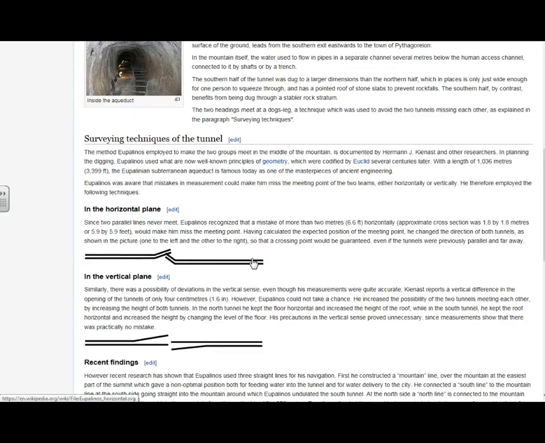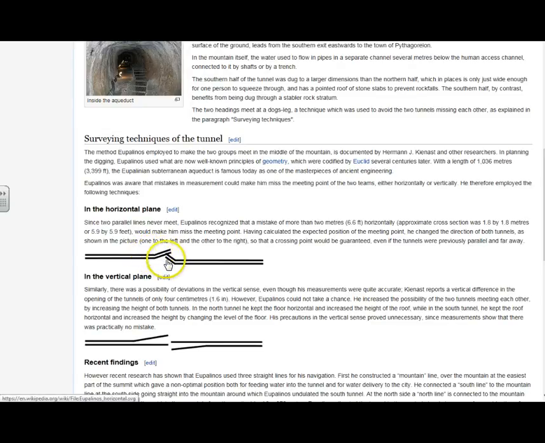So he ensured that the two tunnel digging teams would meet. He made each tunnel, from each side of the mountain, take a little bit of a turn towards the end to ensure that it would eventually intersect the other side.